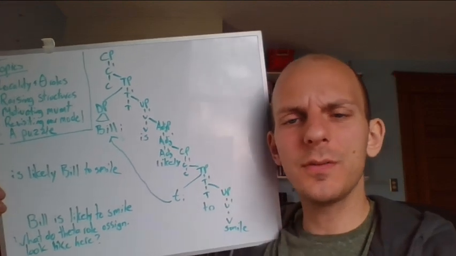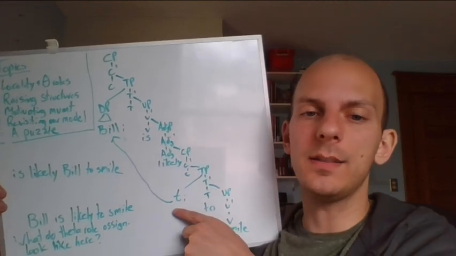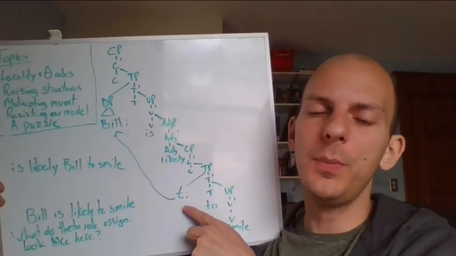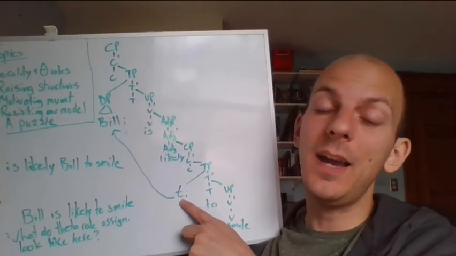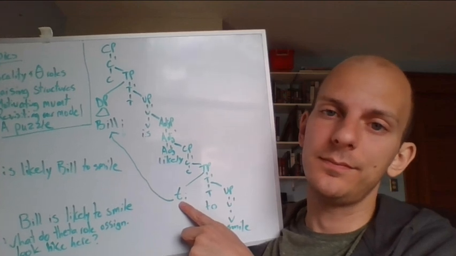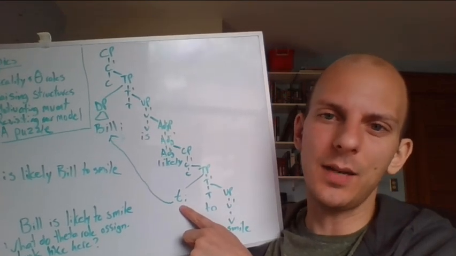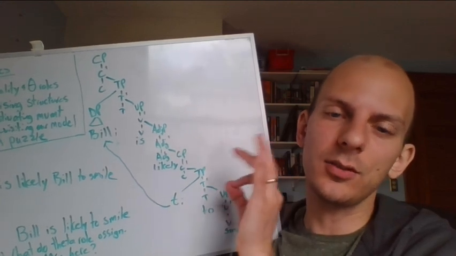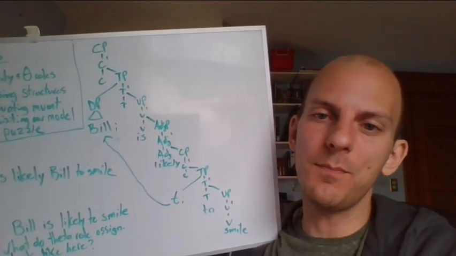And in fact, this is one of the reasons we leave behind these little traces when we move something out, to help us remember that in fact there is something here. It's not actually empty. Even though you don't hear anything pronounced, there's a little subtle trace of something, a remembrance of something there. And what we found out in this sentence is that that trace is enough to satisfy the EPP. Cool. That's cool, right?